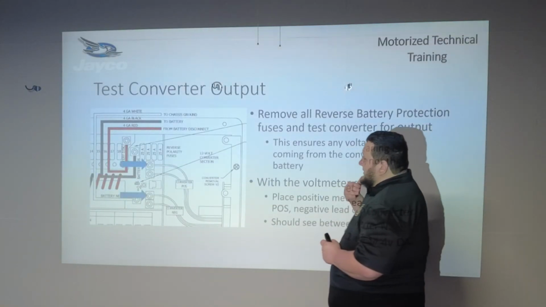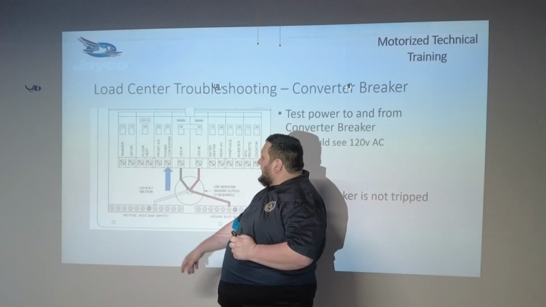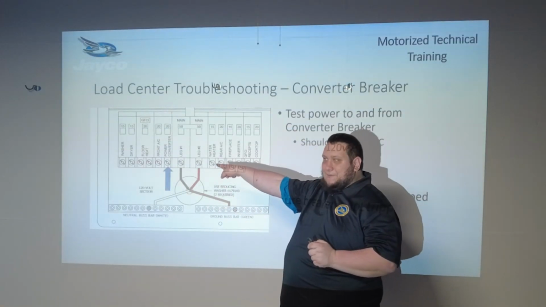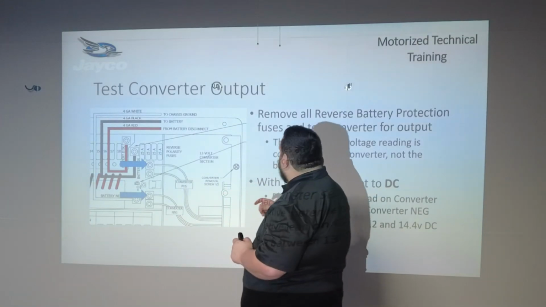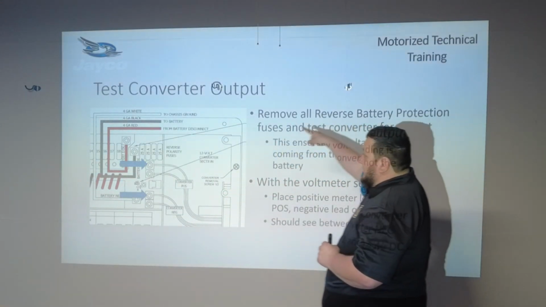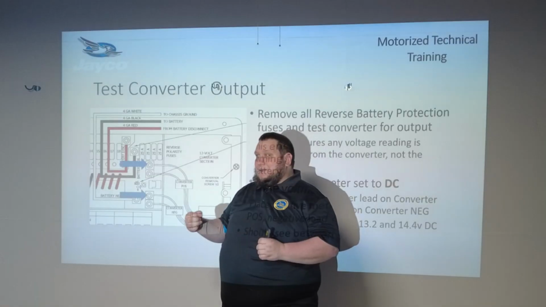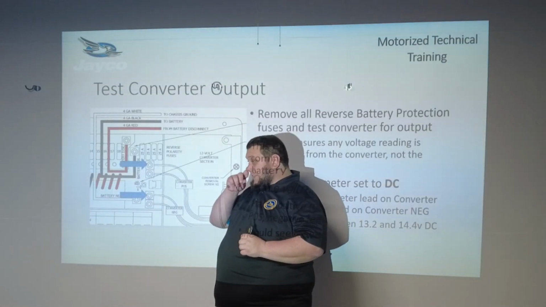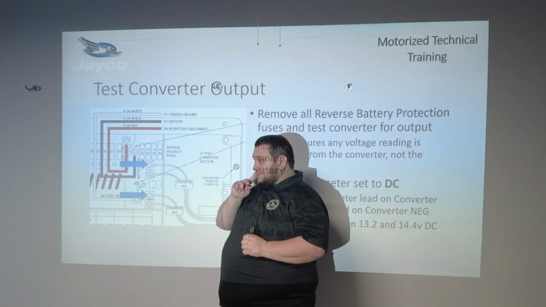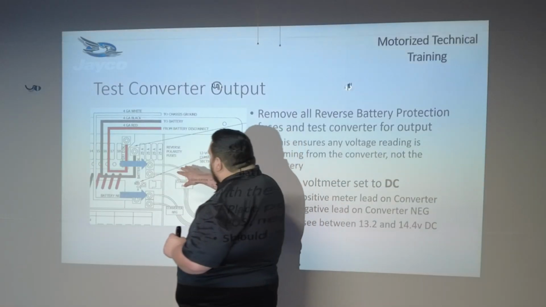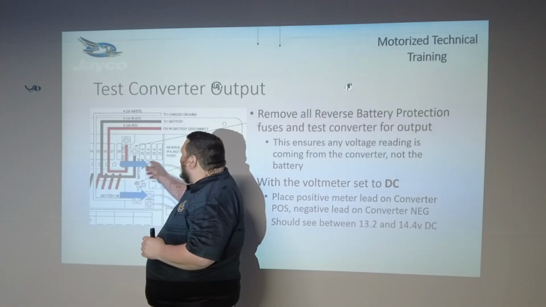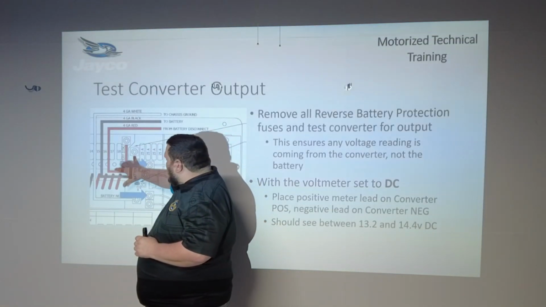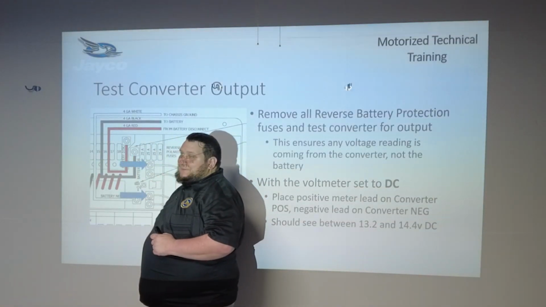If we're looking to test our converter output, so we know we've got power going to our converter, we want to make sure we've got power coming out of our converter. We're going to remove those reverse polarity protection fuses. Why would we do that? If those fuses are in place, we've got our power coming out of our load center here, going through those fuses to our battery connection point.